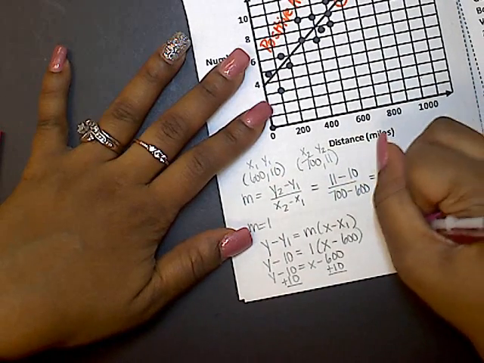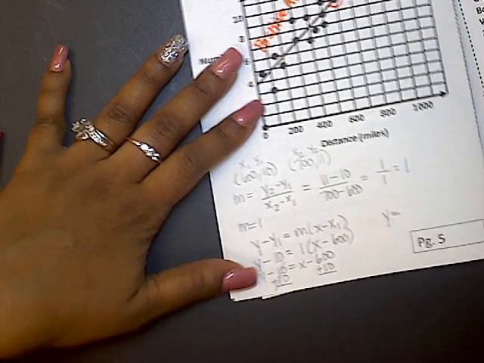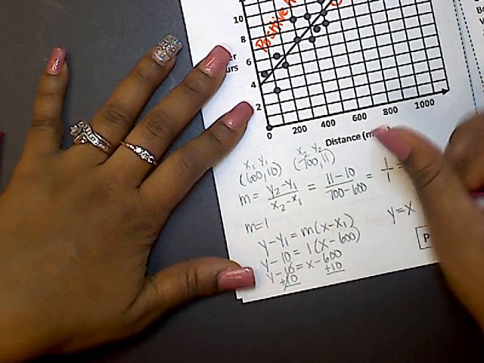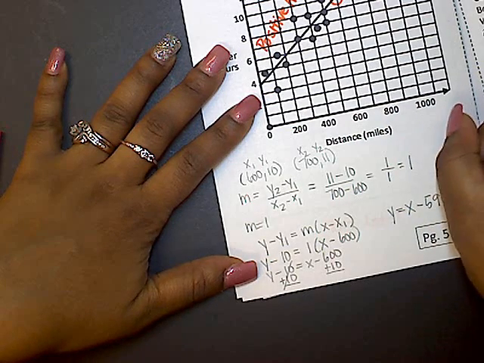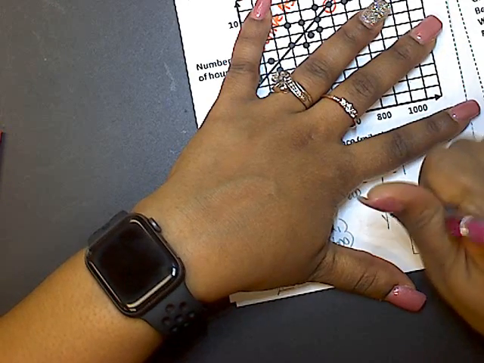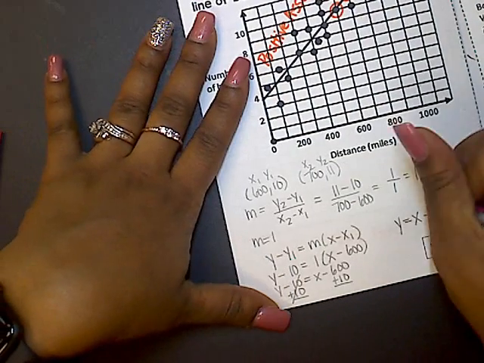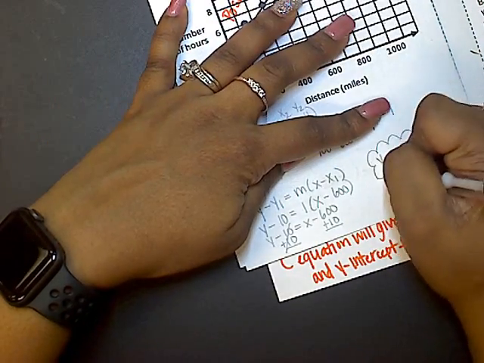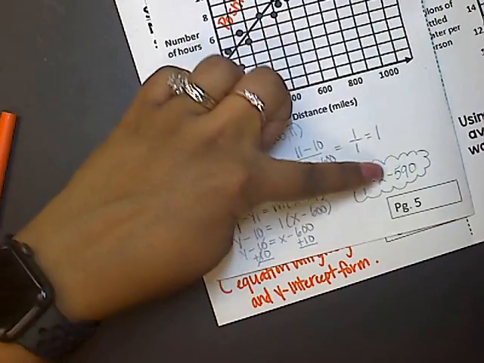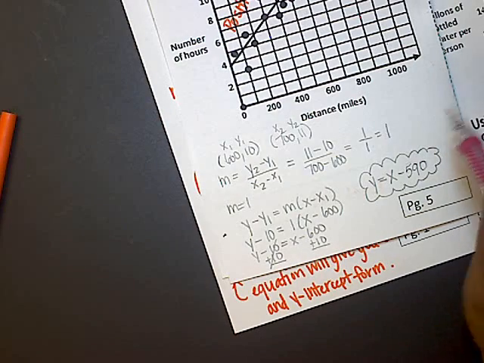So when we do that, we get y equals, because this cancels, x minus 590. And remember, your x always comes first in your equation. X minus 590. And so that would be our formula for the line of best fit. Some people would ask, do you put the 1 in front of the x? You can, but we typically don't because we know that anything times 1 is just itself.